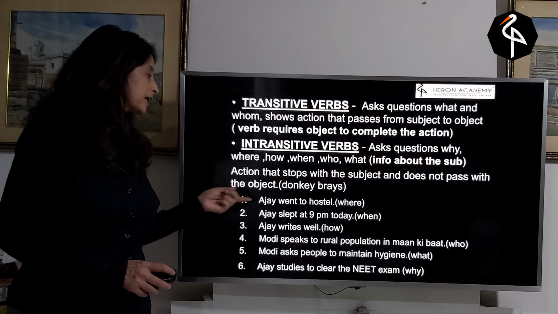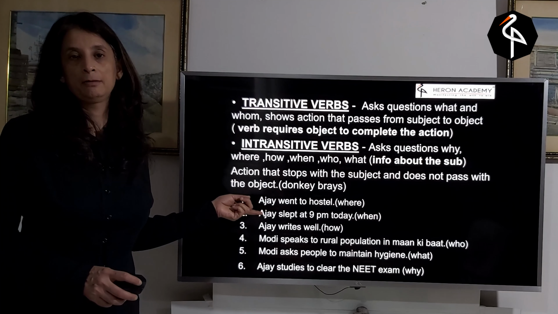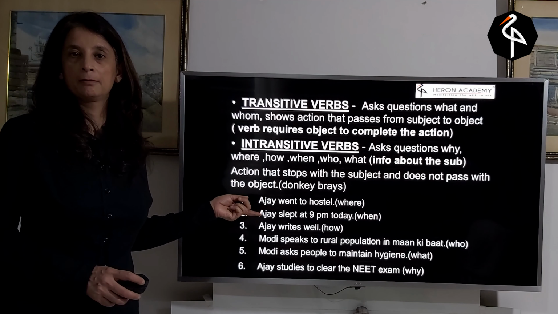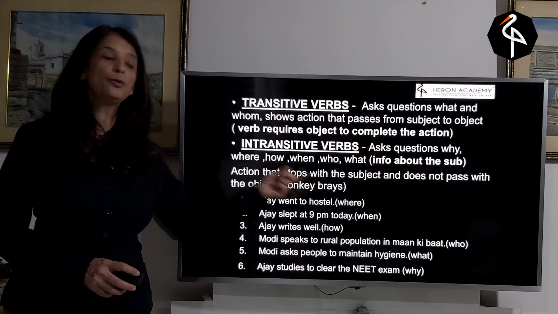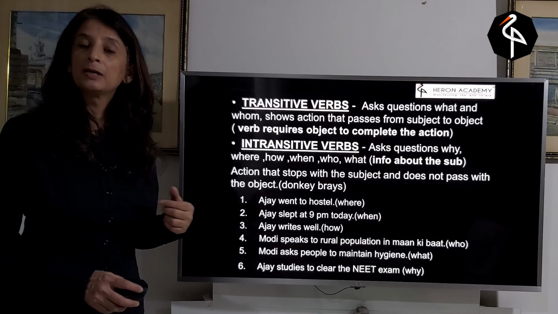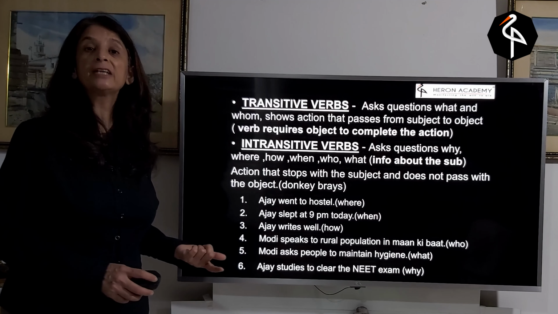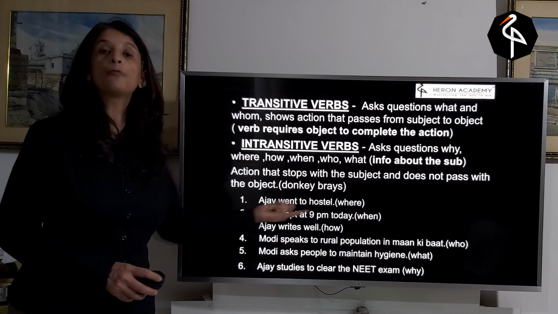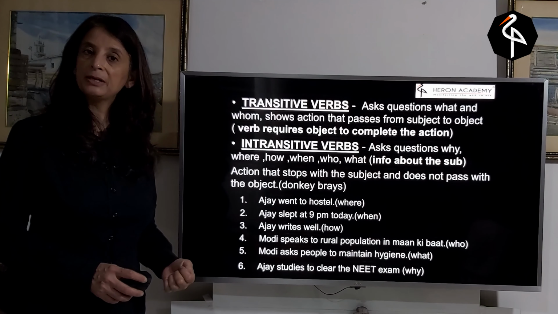So we are only giving information about Ajay. So you cannot change this statement into passive. Now second: Ajay slept at 9 p.m. Again you are giving information about Ajay, of time, that is, when did Ajay sleep? Slept at 9 p.m.